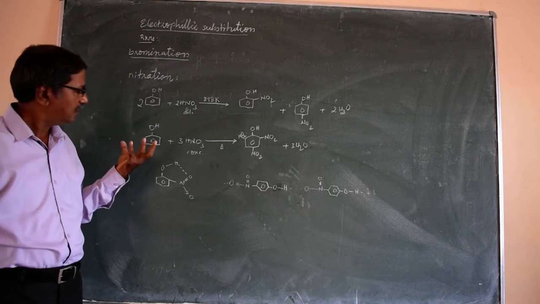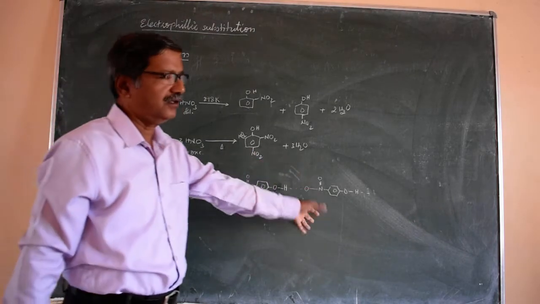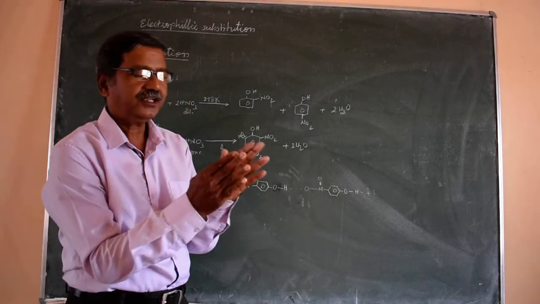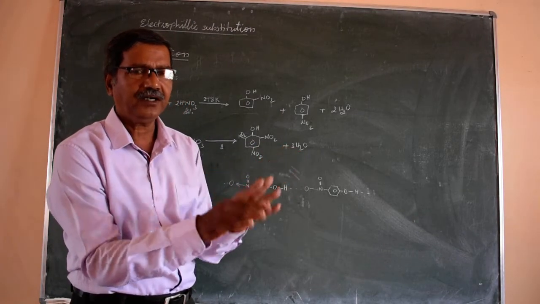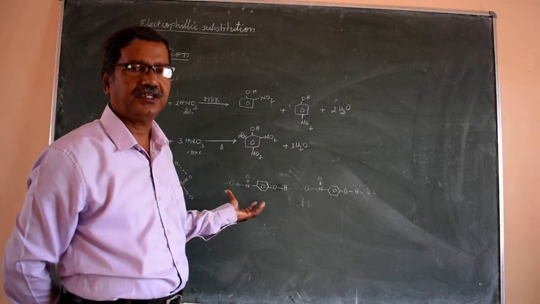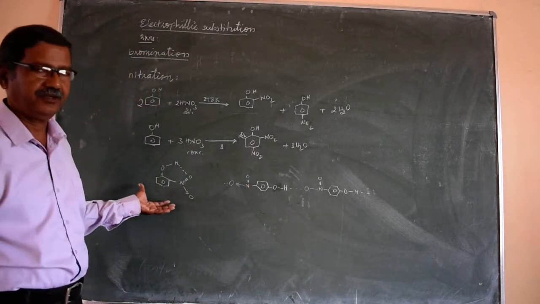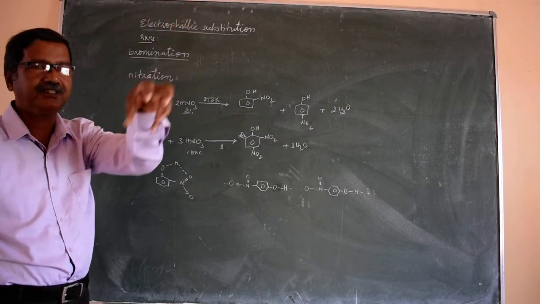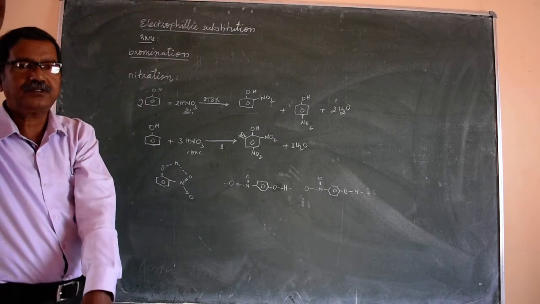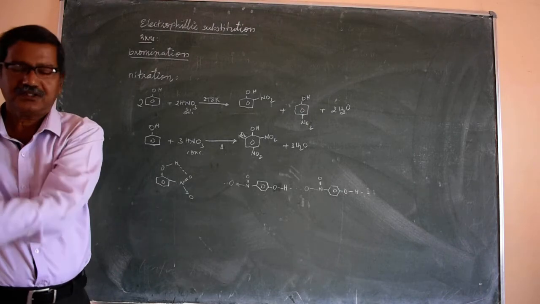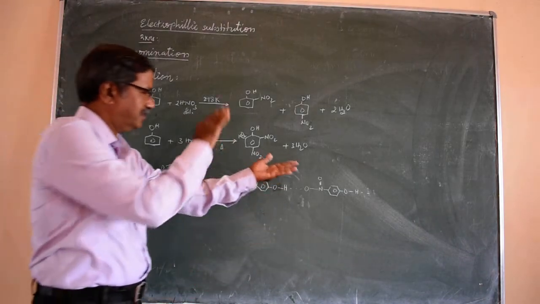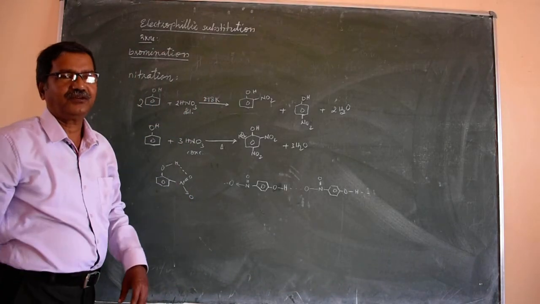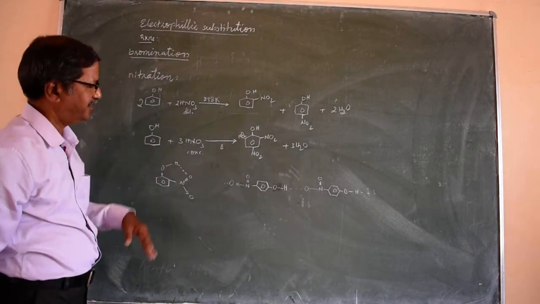There is intermolecular hydrogen bonding in the para compound, and here we have intramolecular hydrogen bonding. So remember, we can separate them by a process called steam distillation. Try to remember what you studied in first year: on passing steam, volatile compounds come out along with the vapors, so the less volatile one remains in the flask, but this one comes out along with the steam. So we can separate these two by that method.